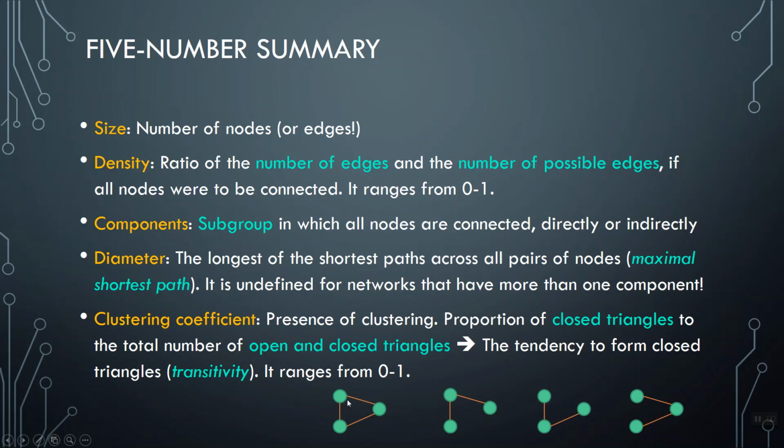If we have these nodes and the lines are edges, this is a closed triangle, and these will be open triangles. If you have a lot of these, there is clustering among those nodes, and if you have this here, there's no cluster at all. So it's measuring the difference between the triangles that you have, the closed ones, and the ones that are not triangles but could have been if there was a cluster there. And that gives you this value from 0 to 1.